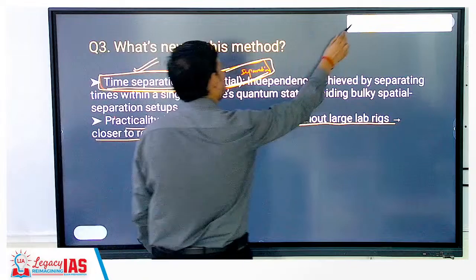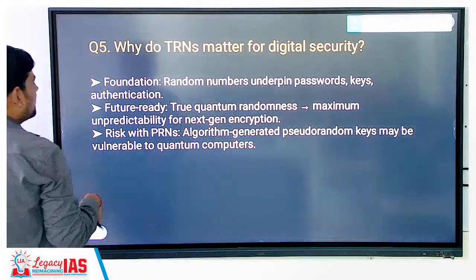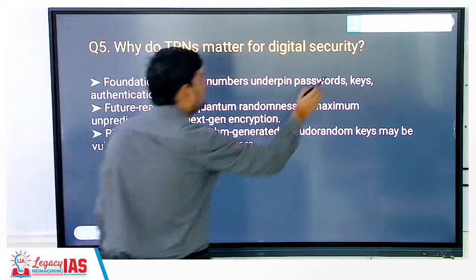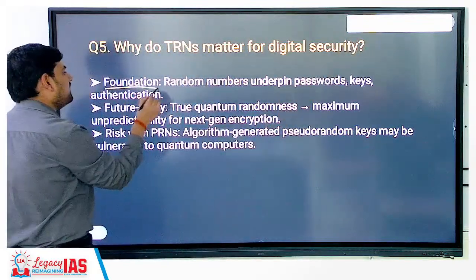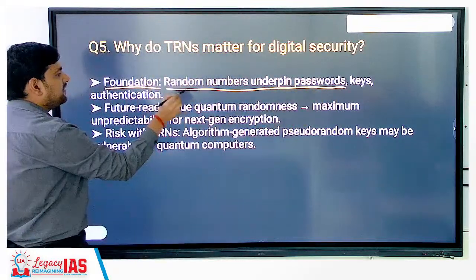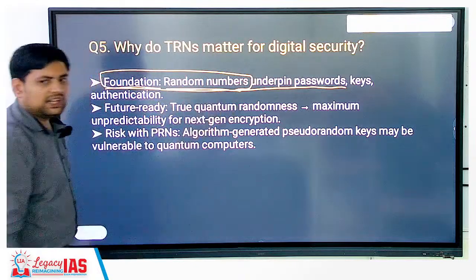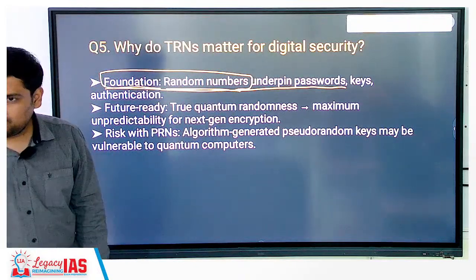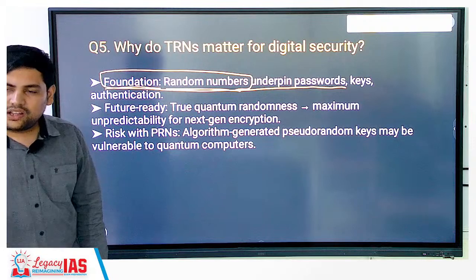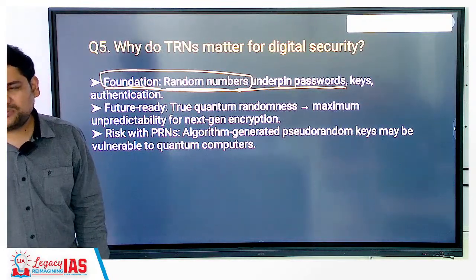Then, how do they matter? Foundation: random numbers underpin passwords. Random numbers are actually the foundation of any kind of password security, correct? Now, one way was generating pseudo random numbers, based on some algorithm.